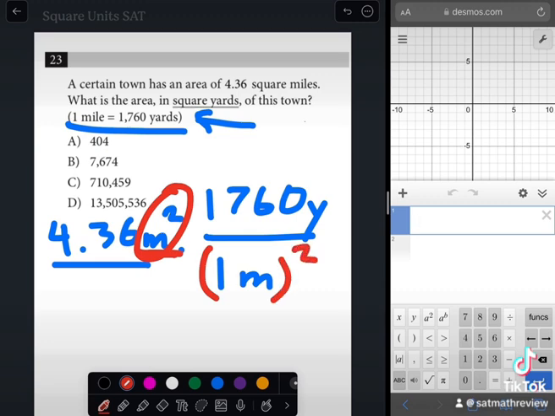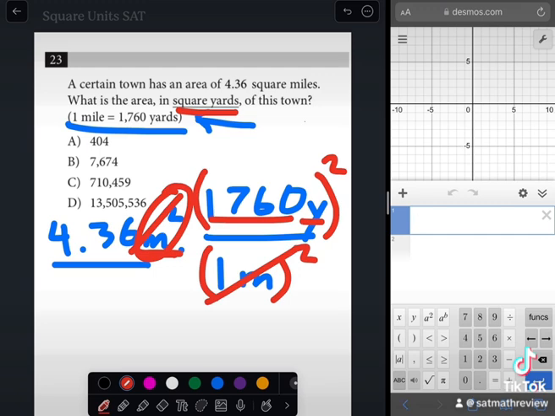And if I square the miles on the bottom, I'm going to have to square the yards on the top. So I do that, and I see I'm left with square yards, which I'm being asked to solve for here. But if I square yards, I'm also going to have to square this 1,760 right over here. Well, at this point, I see that my miles squared cancels.